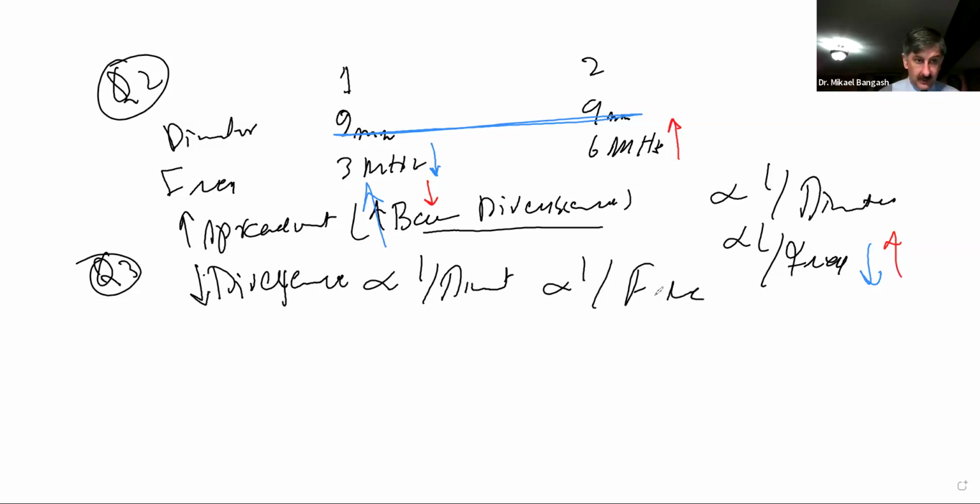Since they're asking about the least, we have to look for the one with the greatest diameter and greatest frequency.